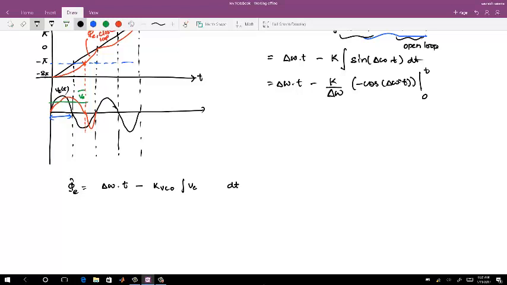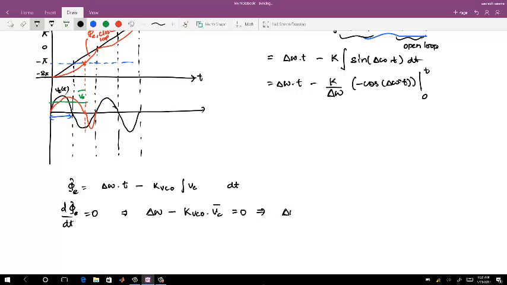Now, this is the analysis that you have seen before. If you are locked to a certain frequency, then your frequency error will not change with time in the lock case. That is, d phi by dt will go to 0, which implies that delta omega minus K_VCO times whatever average voltage you have generated should be equal to 0.